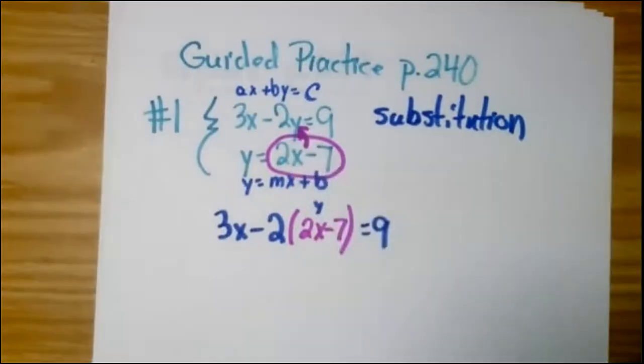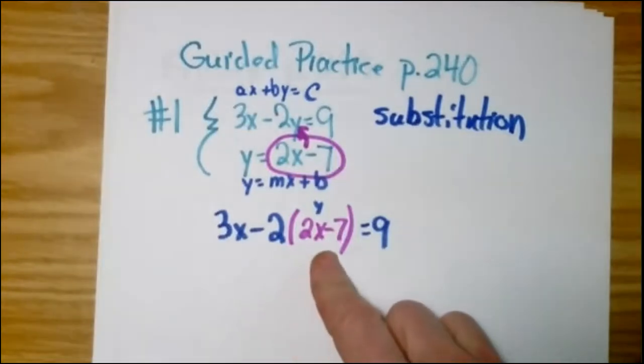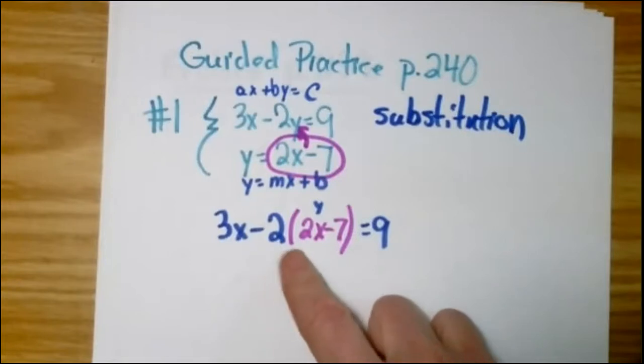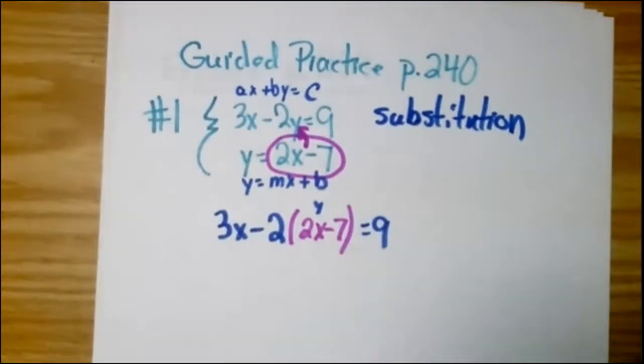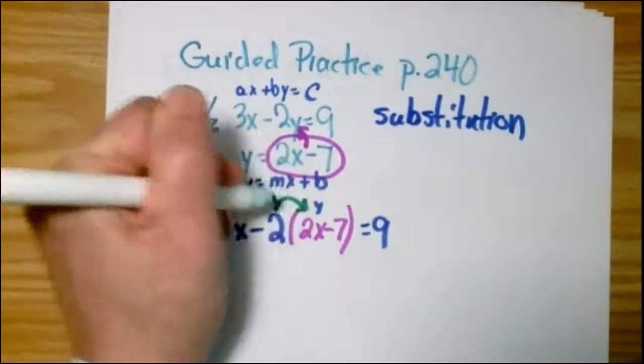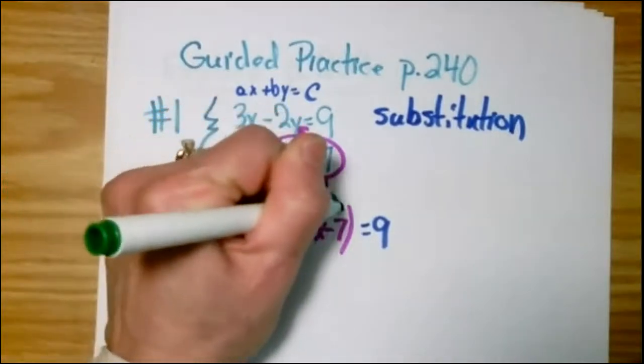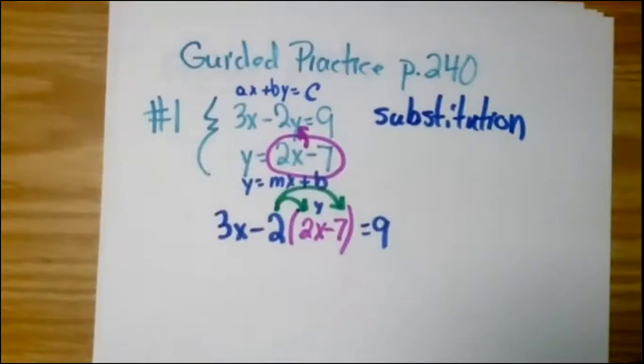Now I have to use my fancy-dancy algebra to solve this. Before I can solve it, I notice I need to use the distributive property because I have a number in front of parentheses. So the first thing I'm going to do is that. I have to distribute the 2 and multiply it by the 2x and multiply it by the negative 7. So be careful on this because you have some negatives here.